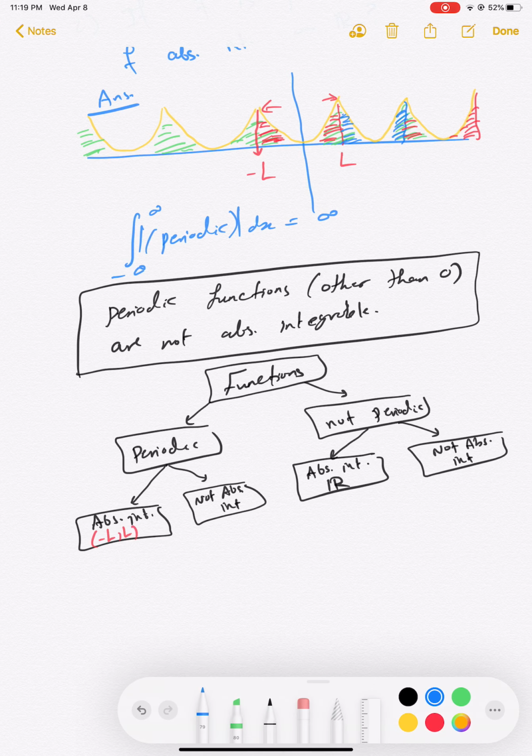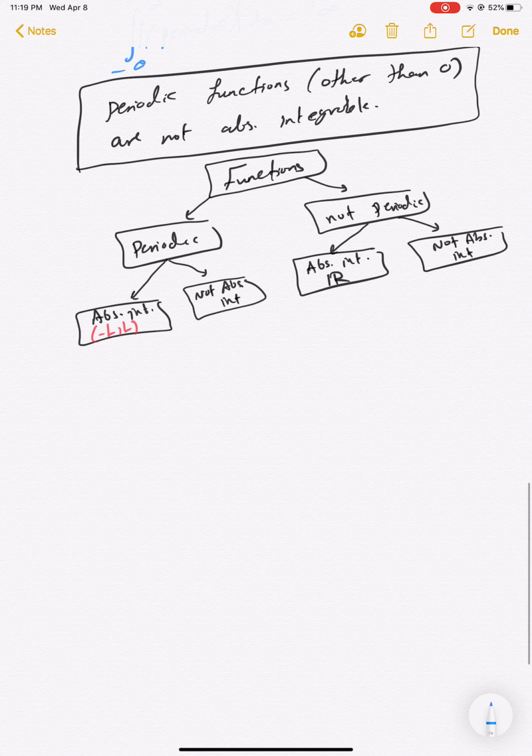Now, for functions that are absolutely integrable, if they are periodic, then we have the concept of Fourier series. Here, you don't have anything. If the function is absolutely integrable on the real line and it's not periodic, which is implicitly understood if the function is integrable, then you have something called the Fourier transform.